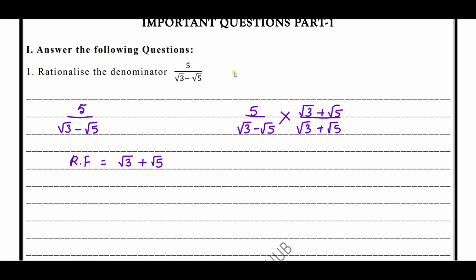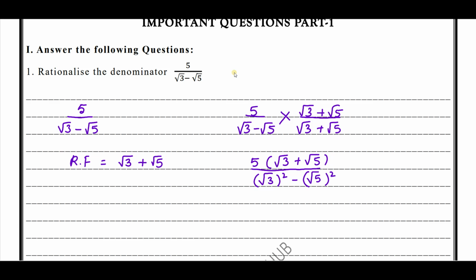Now denominator is of the form a plus b and a minus b. Numerators are 5 into root 3 plus root 5. Denominator it is of the form a plus b, a minus b. I can write it as a square minus b square.